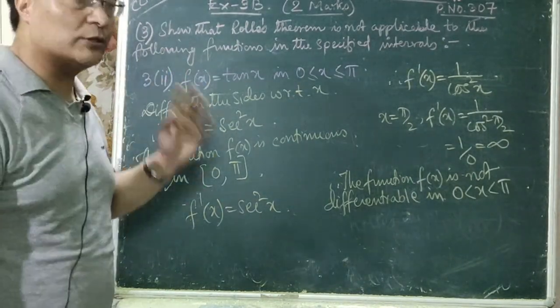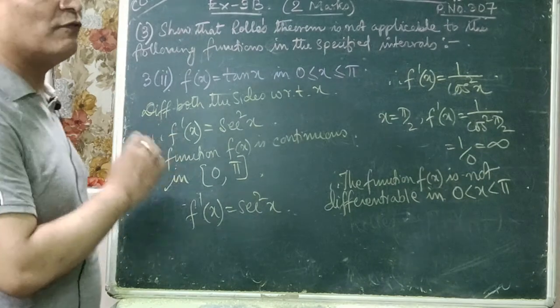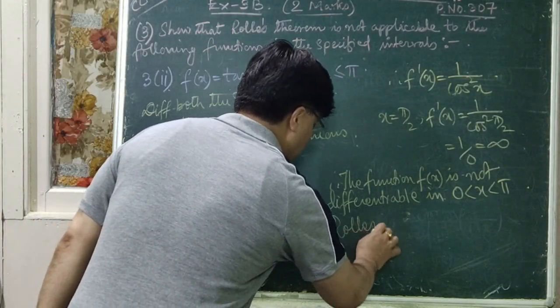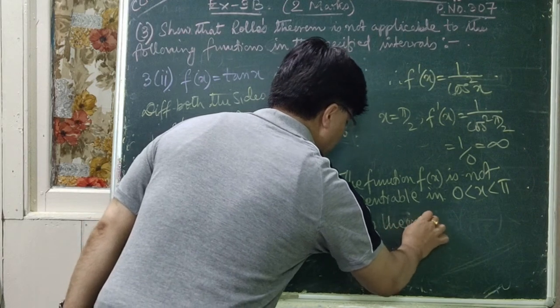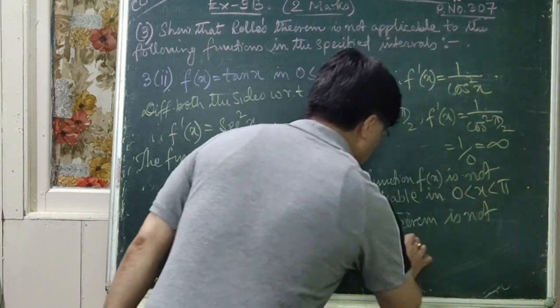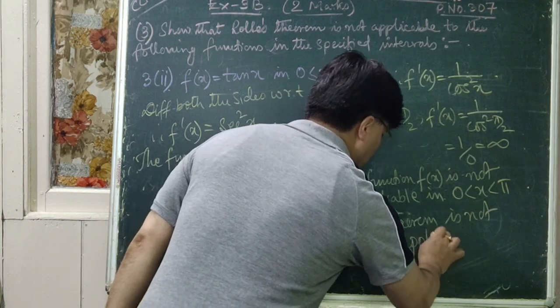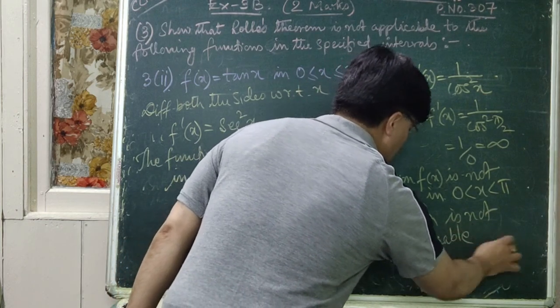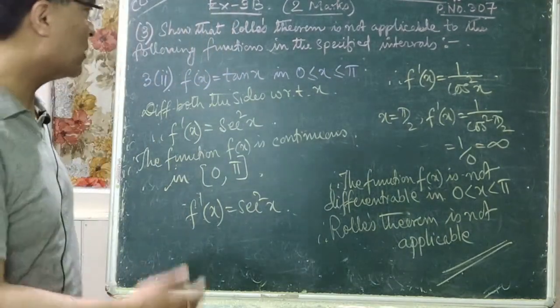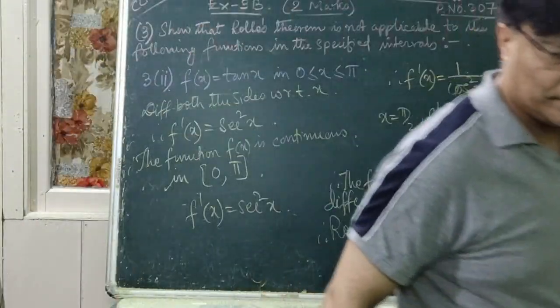That is, Rolle's theorem is not applicable for the given function. Therefore Rolle's theorem is not applicable. Is that clear to all of you? So you can copy it. We'll do the next question now.